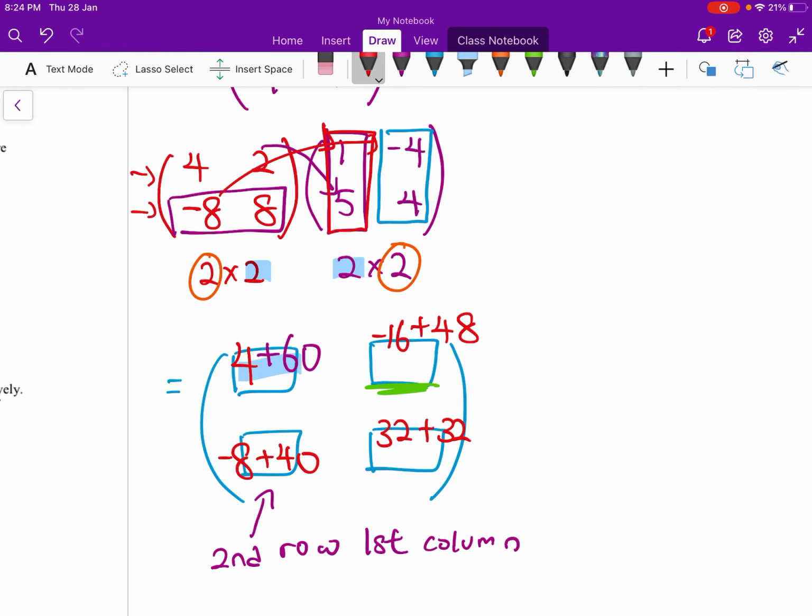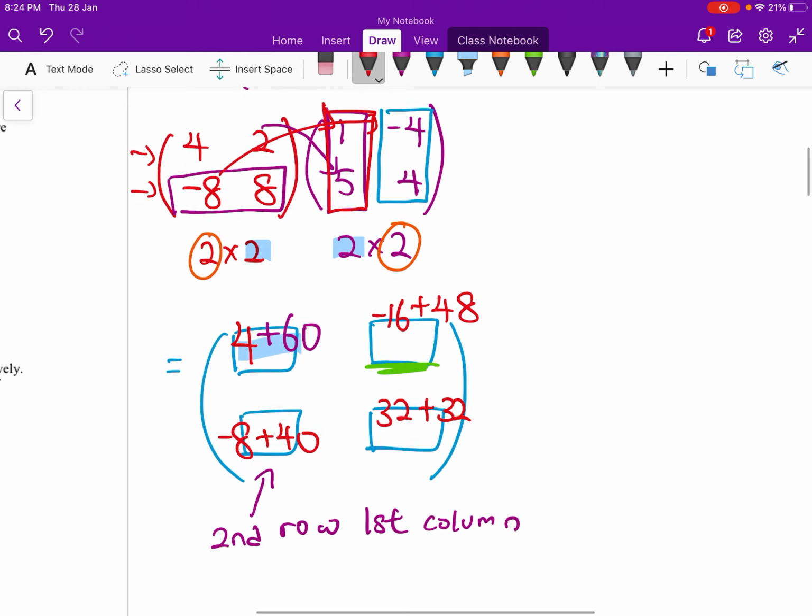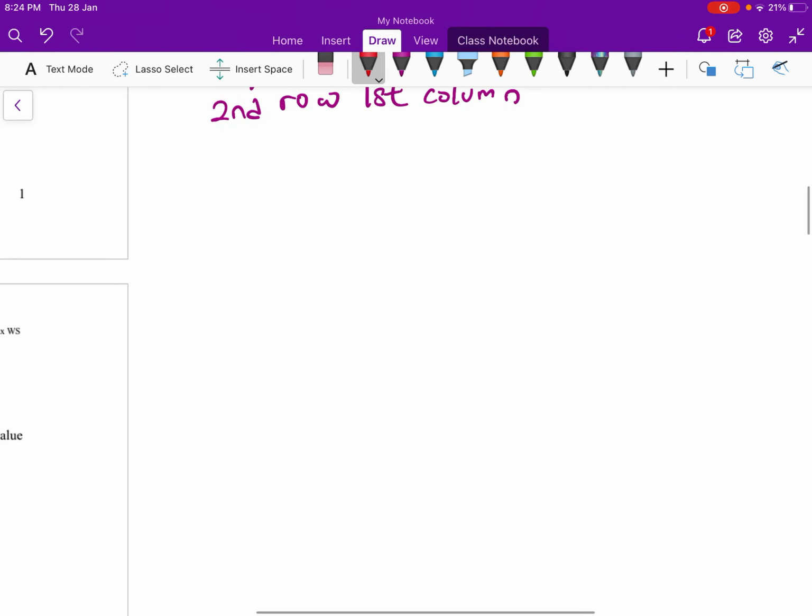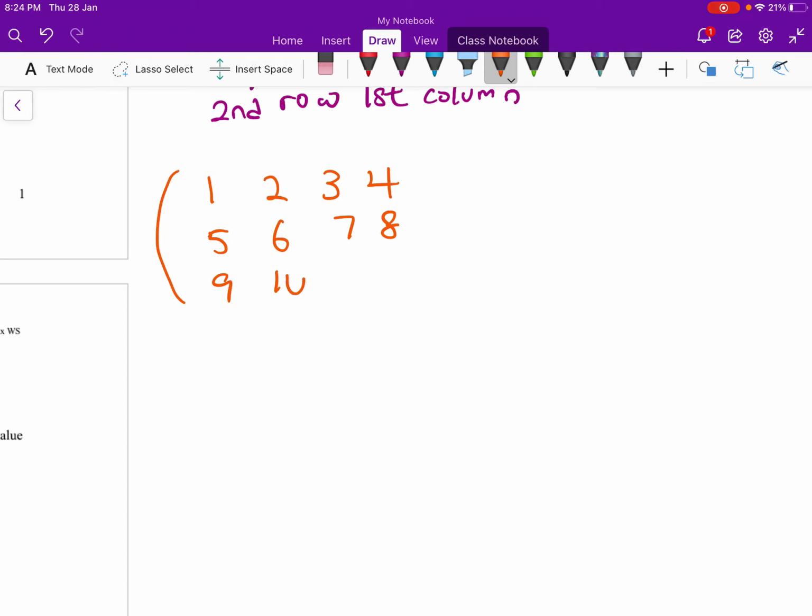Maybe another example. I'll give you 1, 2, 3, 4, 5, 6, 7, 8, 9, 10, 11, 12.